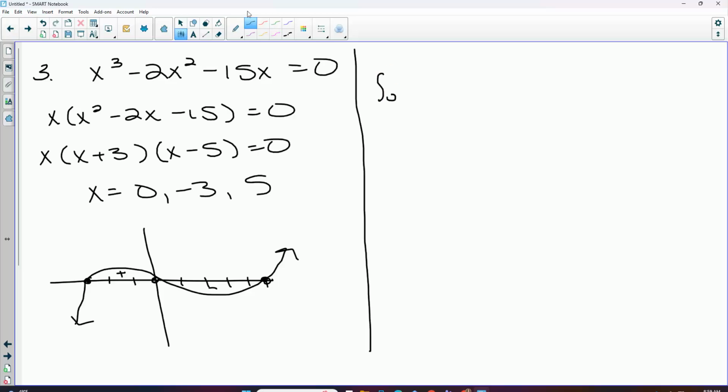If I go from negative 3 to 0, my function is above the axis. So we don't have to worry about it. But when I go from 0 to 5, it was below the axis. So how do I get that so the area would be positive? So it'd be a negative x cubed plus 2x squared plus 15x.